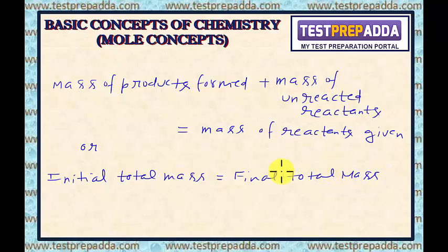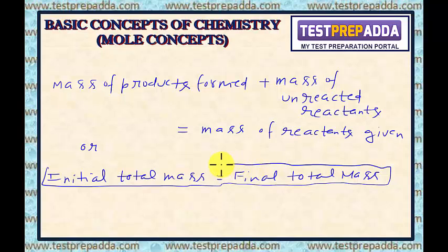This is the best way to express law of conservation of mass. Initial total mass is equal to final total mass.